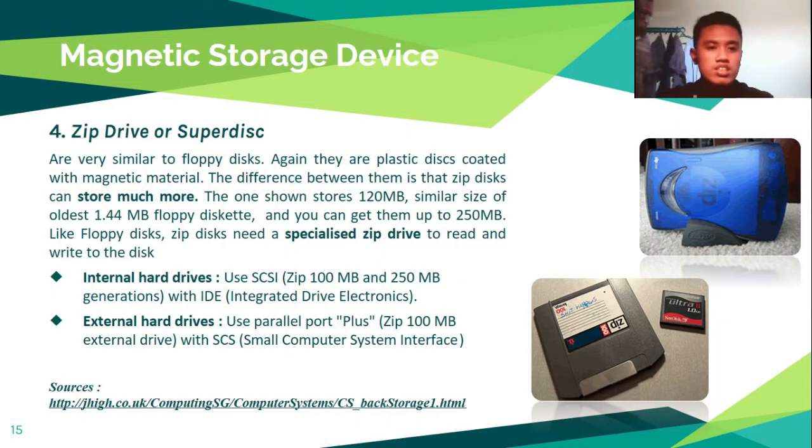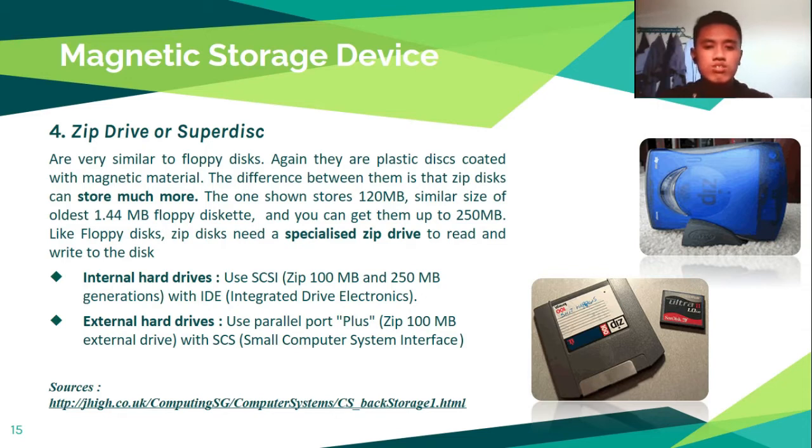The last is zip drive or super disk, which are very similar to floppy disks. Again, they are plastic disks with magnetic material. The difference between them is that zip disks can store much more.